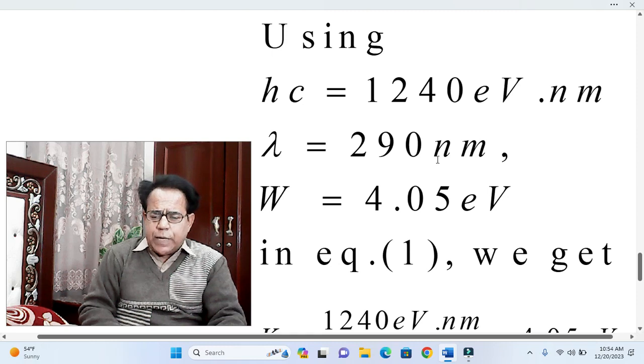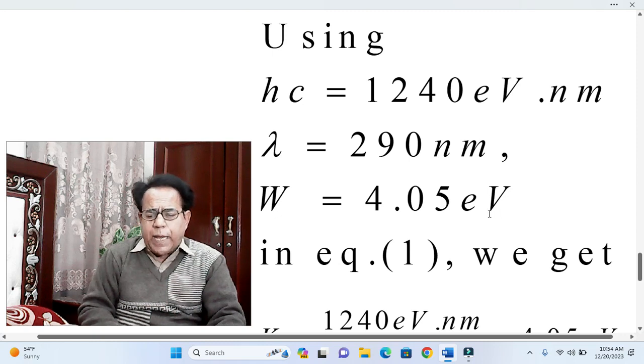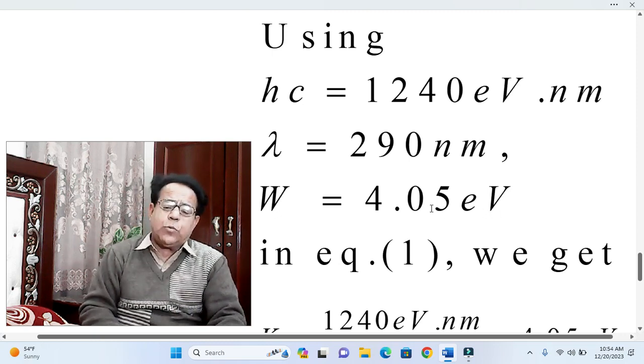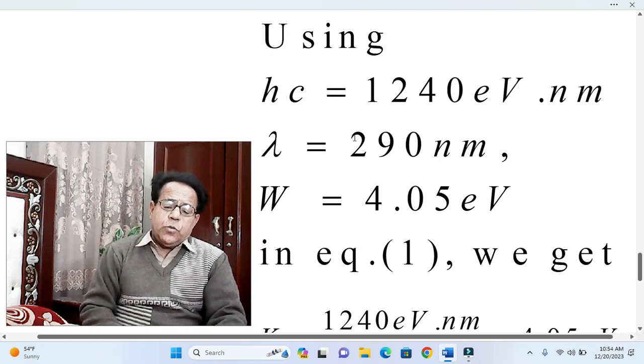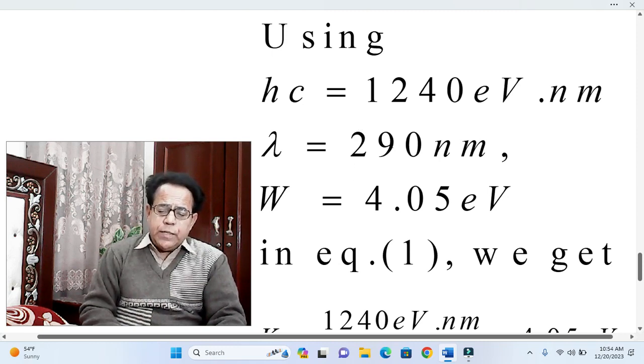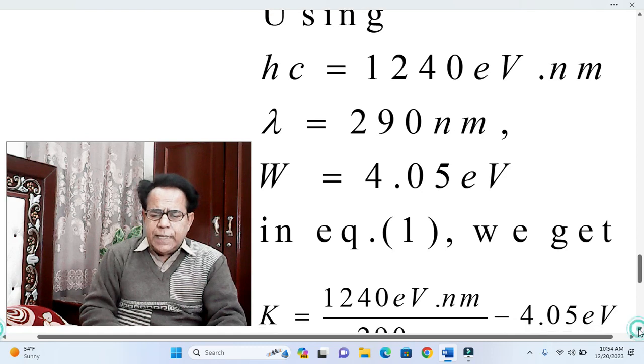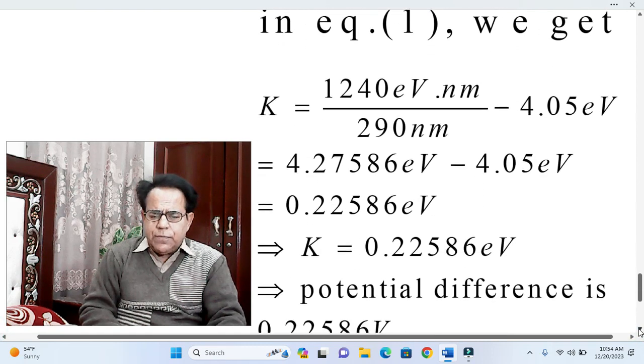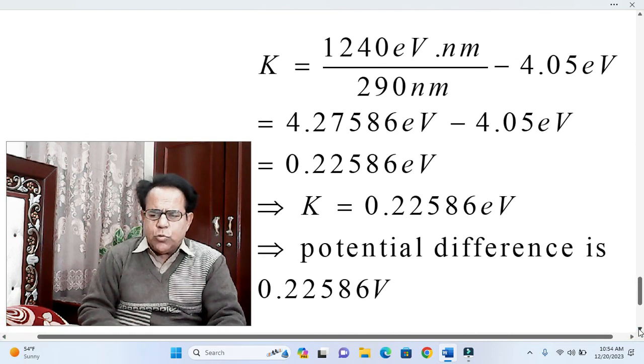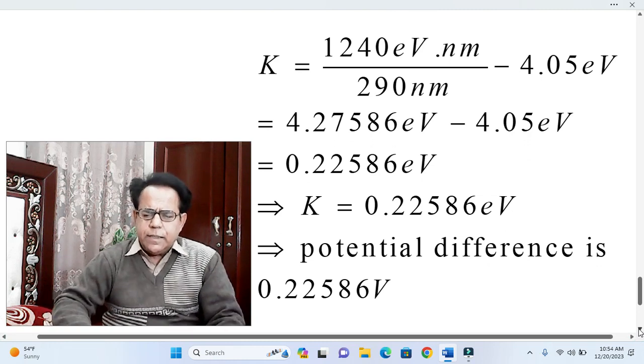This value is provided in the statement. Moreover, work function W is equal to 4.05 electron volt, also provided in the statement. So two values have been provided in the statement, while the third value has been taken from the table of physical constants. Using all these values in equation number 1, we get kinetic energy K equal to this over this minus this.